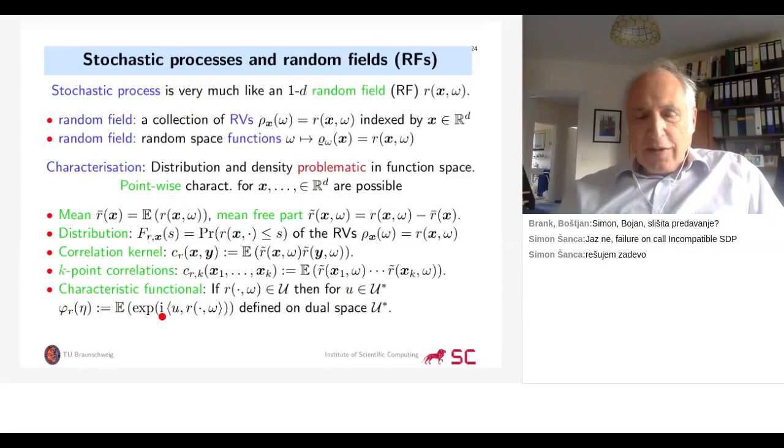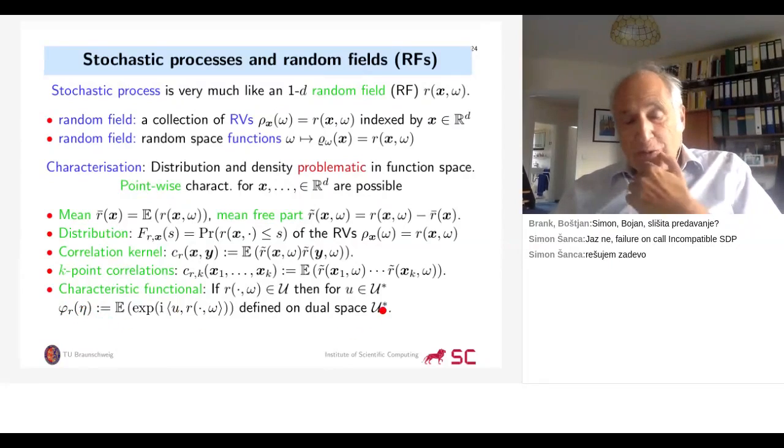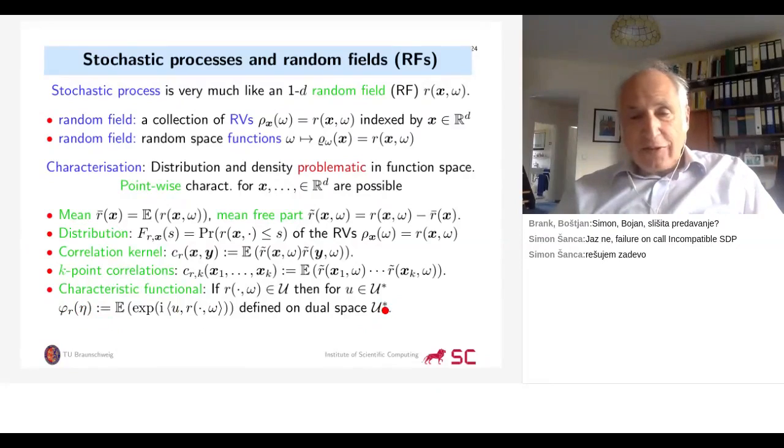Again, I multiply it with the imaginary unit, take the exponential, something which has absolute value 1 on the unit circle, and then I take the expected value of that. So that's something now which is defined. Sorry, it should be u here. So this eta should be a u. So this function is now defined on the dual space. So this works for infinite dimensional abstract vector spaces. This is something which you can use to characterize your random field.